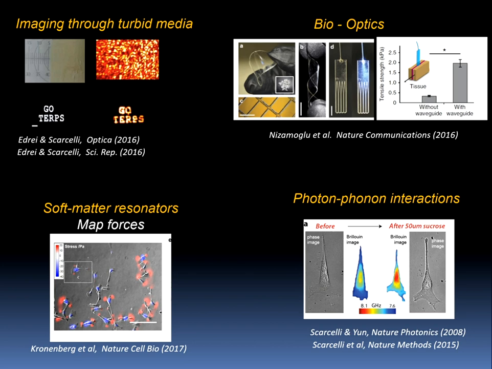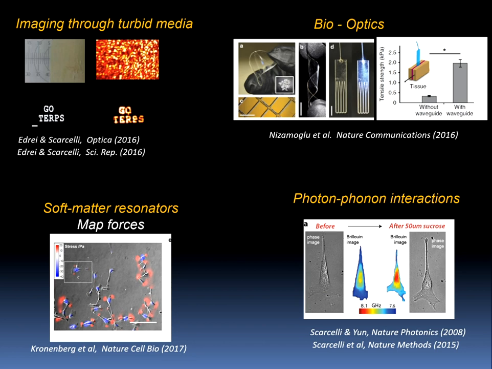The vast majority of our effort is about photon-phonon interactions. This is a phenomenon that was first described by Brillouin in the 1920s, and has been used in material science for a long time, but Brillouin spectrometers are mostly slow, and so they cannot be used in biology. We have done a lot of improvements on the spectrometer, and one of the biggest directions that we are pursuing in our lab is to make them better and better, faster and faster.